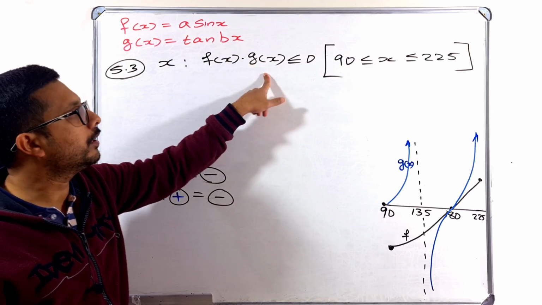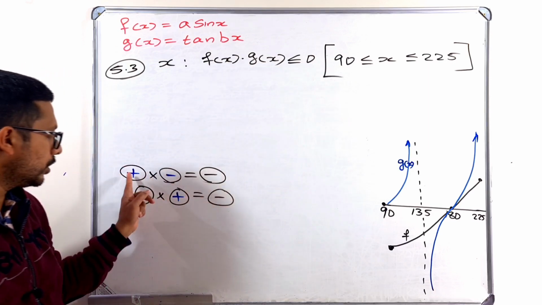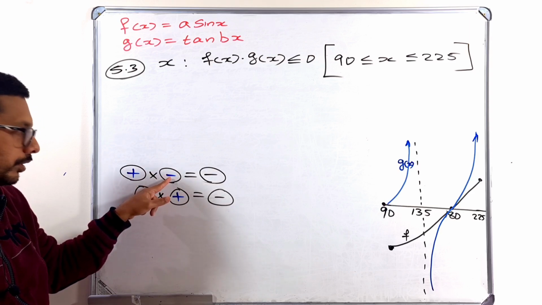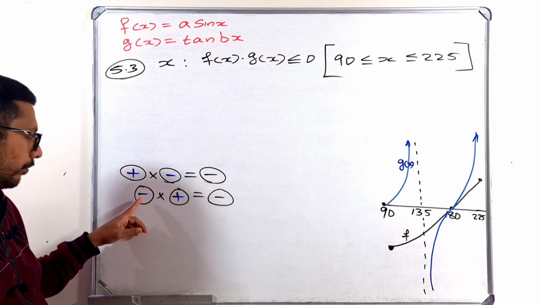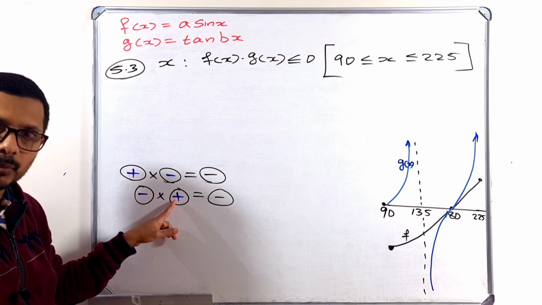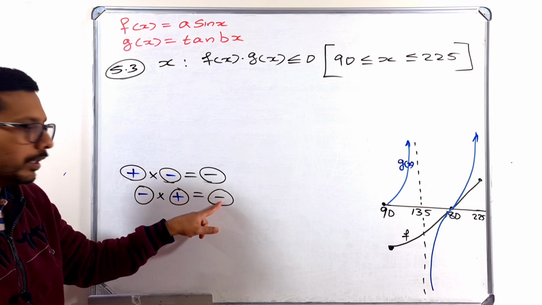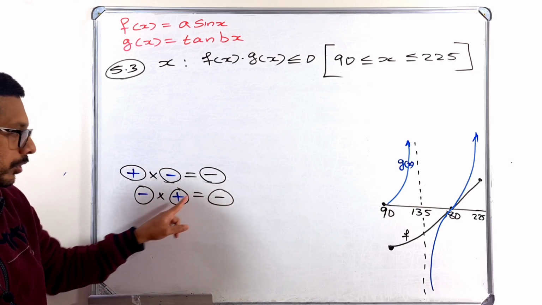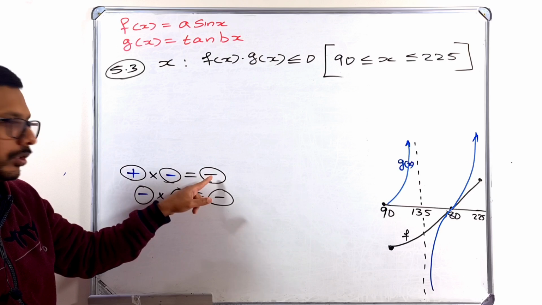Then you multiply, and you will get the negative answer. Negative times positive is negative, positive times negative is negative.